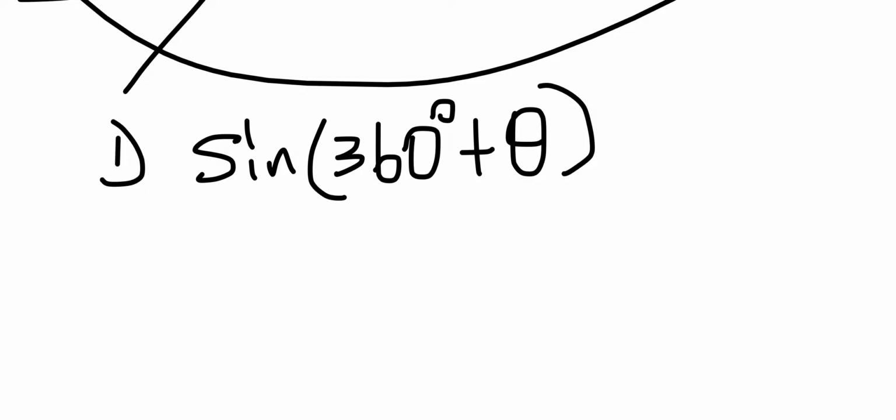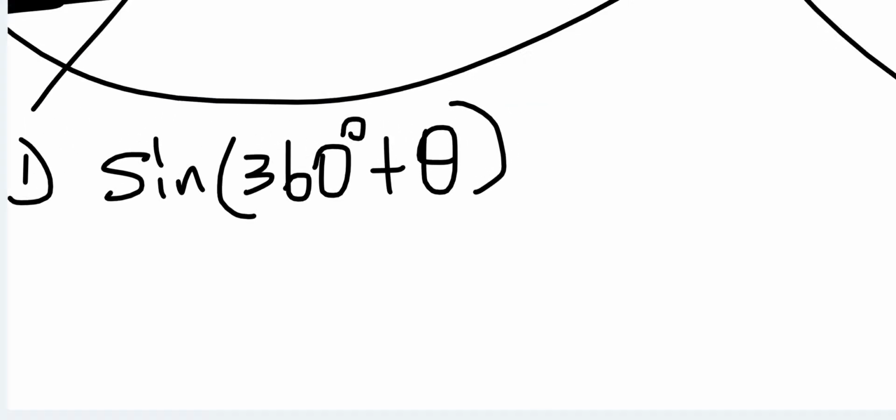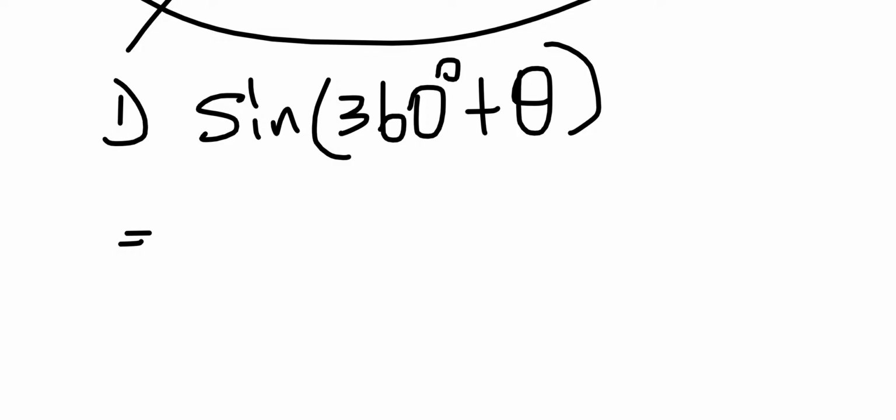We do not want to have a bigger angle or anything of that nature. We want to remove everything and write it in the form of theta. If it's beta, beta, if it's alpha, whatever. So that means we need to remove that 360 degrees. So here, where we have 360 degrees plus theta, we always assume it to fall in the first quadrant.